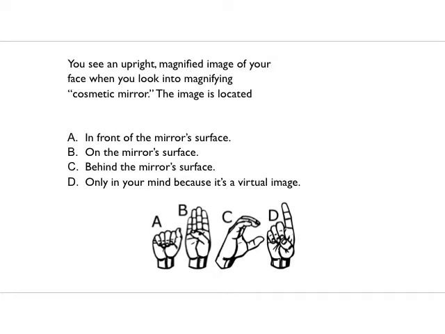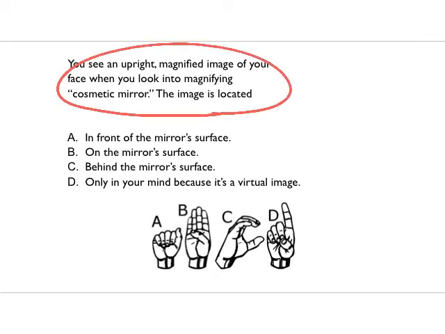Next question. You see an upright magnified image of your face when you look into a magnifying cosmetic mirror. Where is the image located? Think about it. If it's an upright image, that tells me it's virtual.